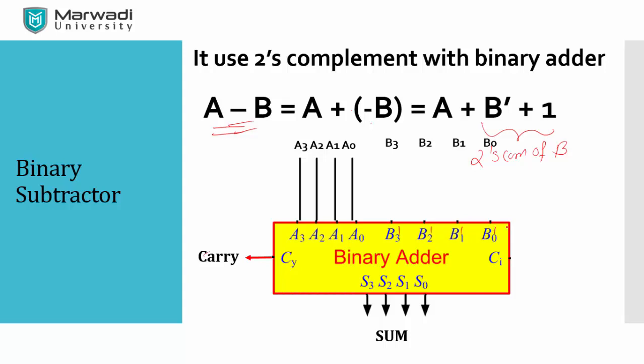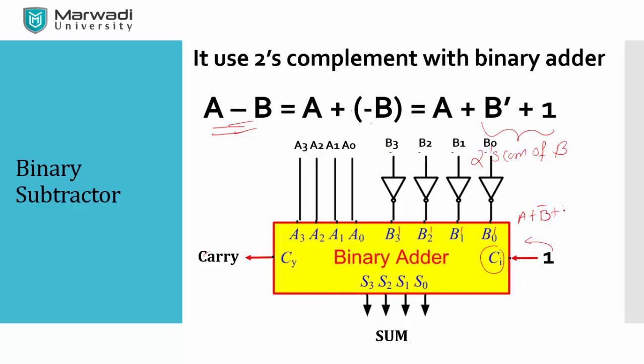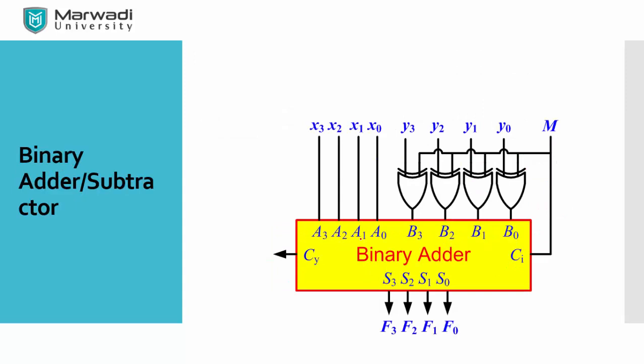It is possible by putting NOT gates. That means I will add A plus B bar, and from where will the 1 come? This carry will give me the 1 from over here. So it gives me A plus B bar plus 1, which is nothing but the operation of A minus B. Again I will get a sum and carry. So this is how you can also implement the binary subtractor logic.